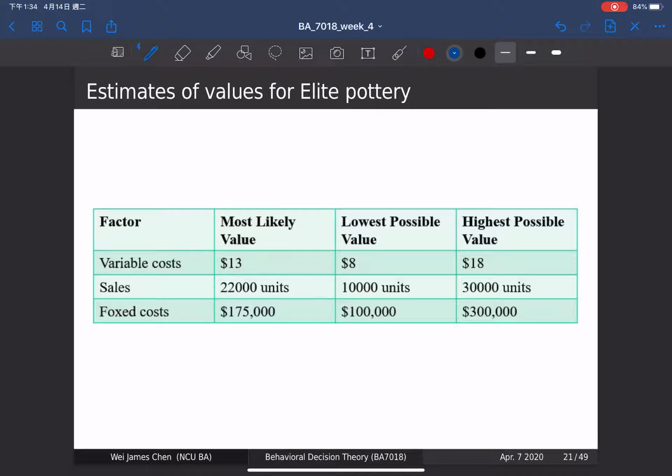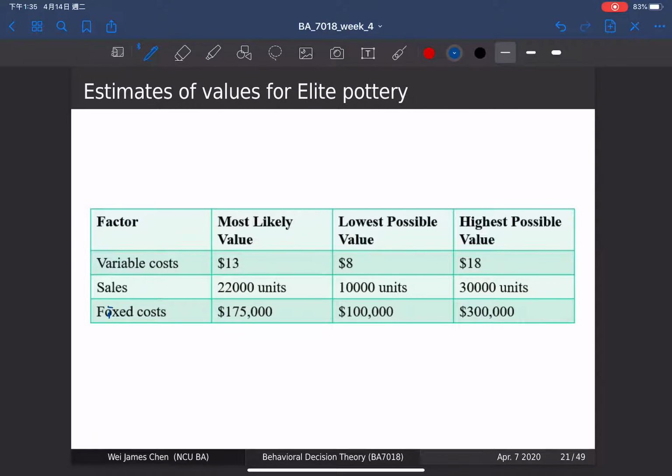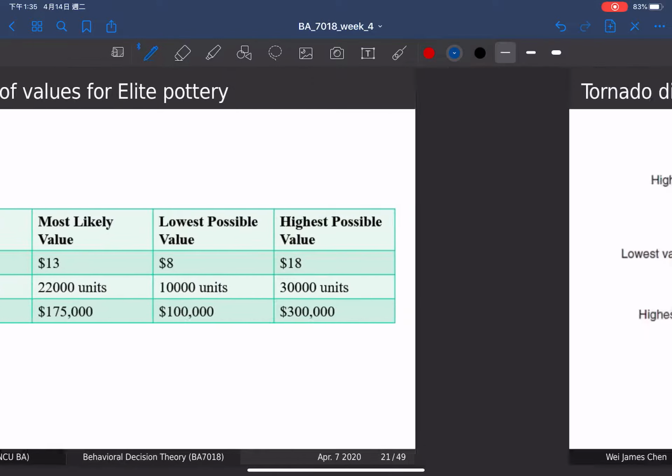The fixed cost, this is not my typo, but the textbook table's typo, I just captured a figure, can be most likely this number, with lowest and highest possible being these two numbers. In this case, we don't even know the probability. We only have the lowest possible, highest possible, and the most likely value.